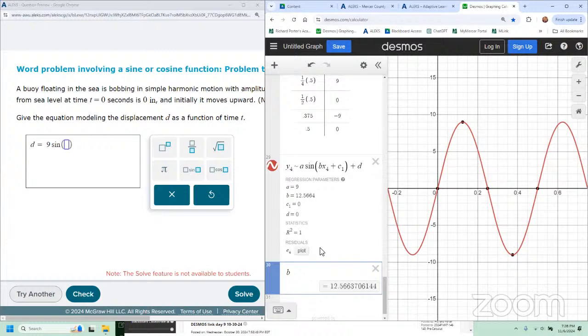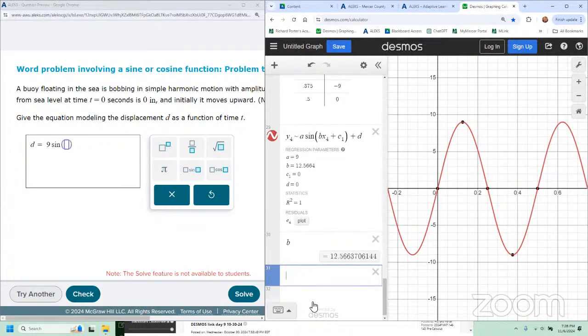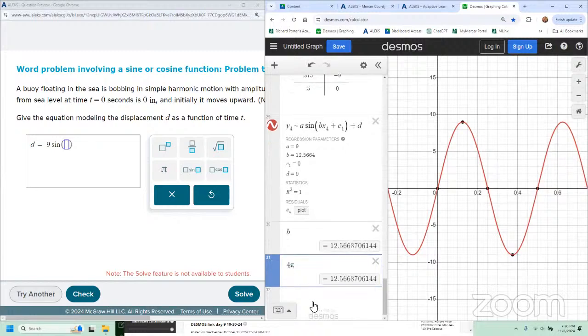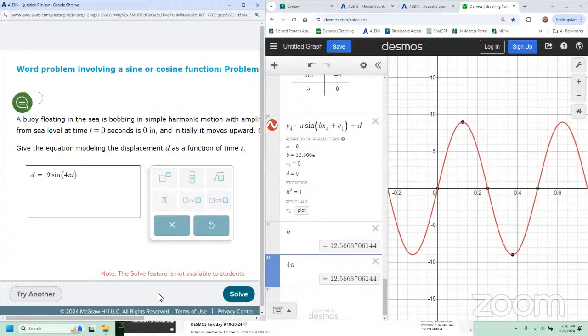B is equal to 4 what? 4 times pi. Okay, so that's what I type in there. So I do 4 pi and then x. Why am I getting an x? Oh, because it wants it to be t. Sorry, this is a function of t. So let's check and see if that's right.